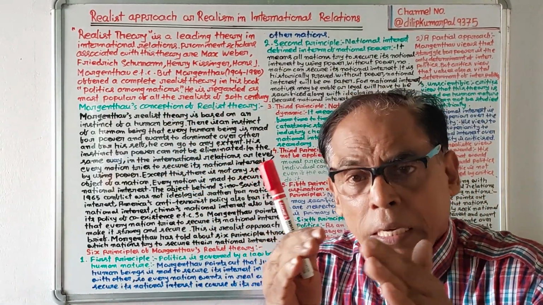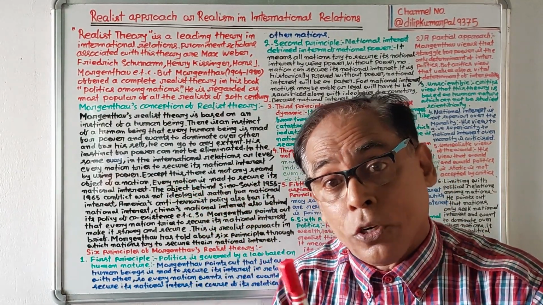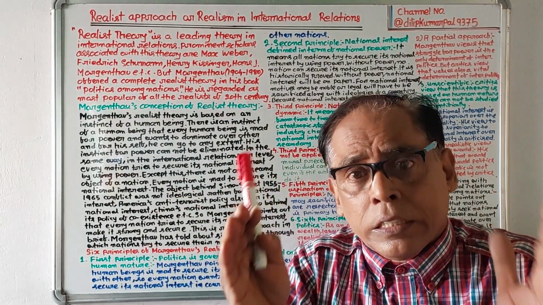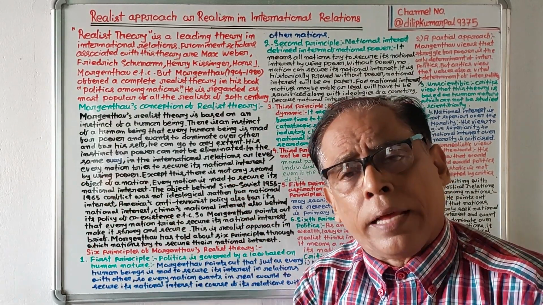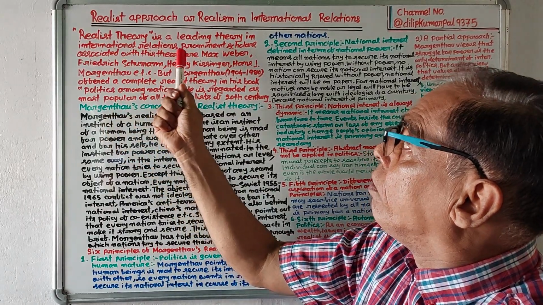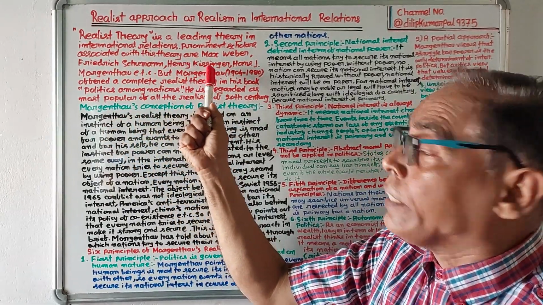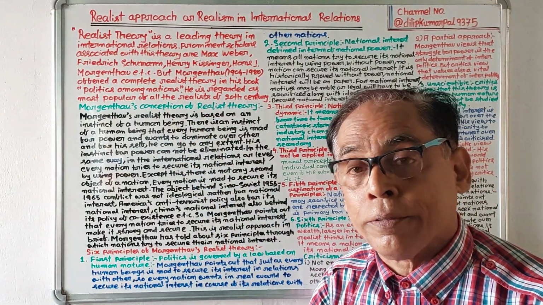So, in international relations, realist theory is a very important theory. With realist theory, many scholars are associated, like Max Weber, Frederick Schumann, Henry Kissinger, Hans J. Morgenthau.